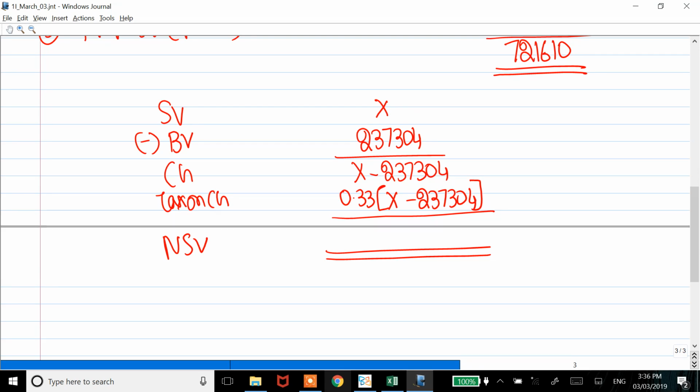As of now, I assume this is an outflow, but if it's an inflow, the minus sign will automatically take care of it. That gives 0.67X plus 78,310.